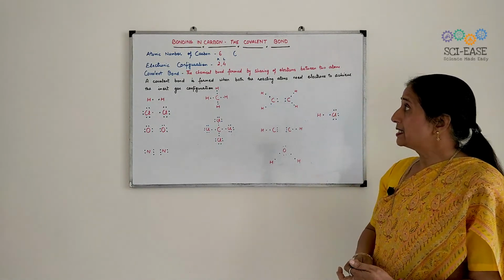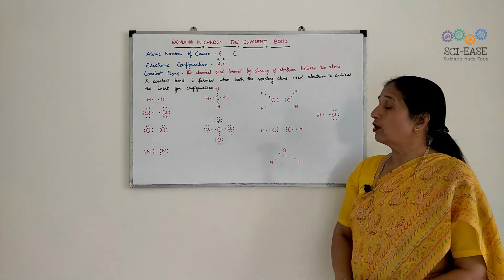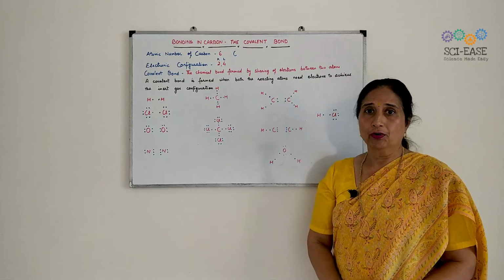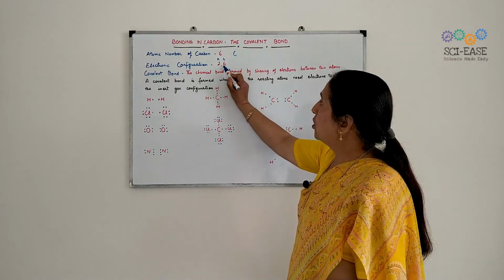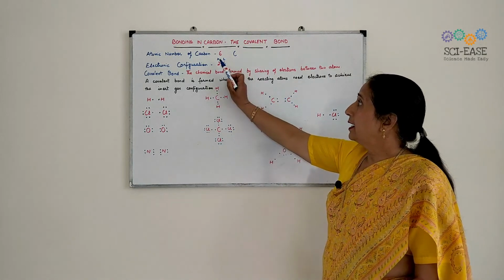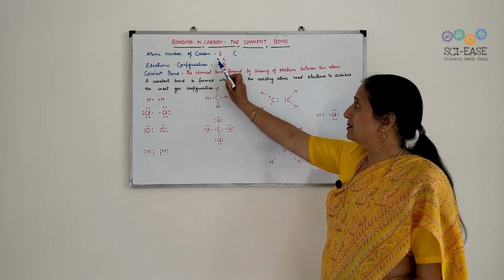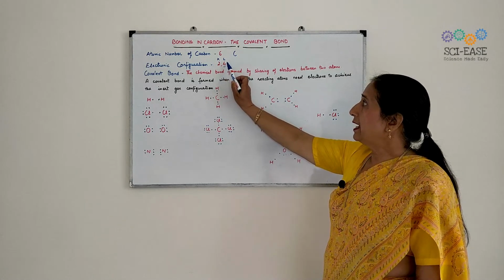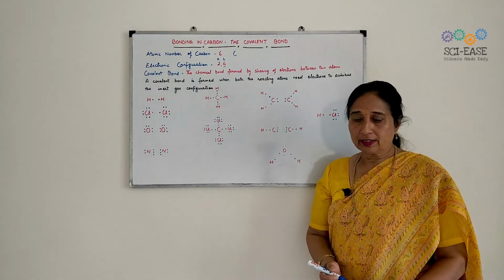Now carbon has atomic number 6 and its electronic configuration is 2,4. Means 4 electrons in the outermost shell. In K, it can accommodate 2 electrons maximum. Then in L shell, it has 4 electrons.